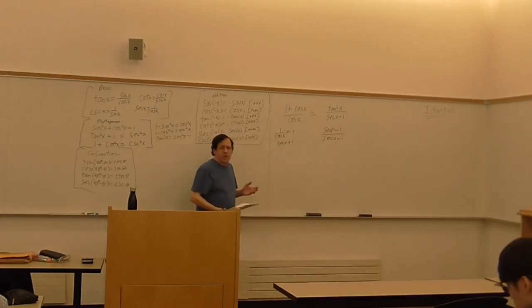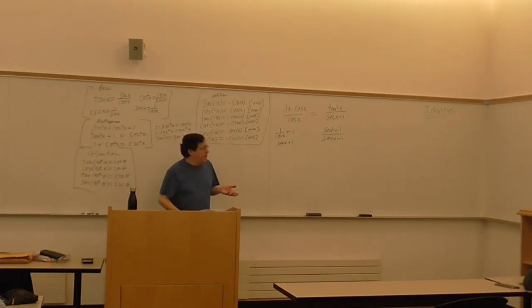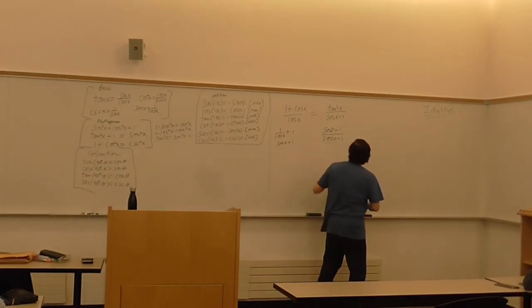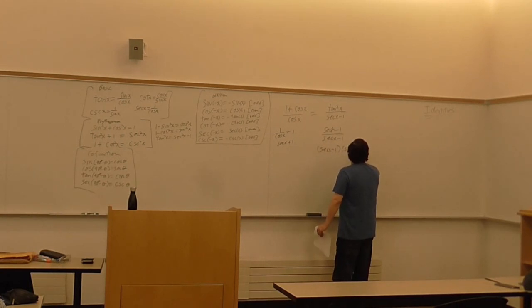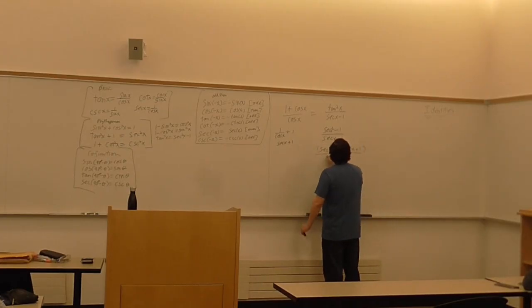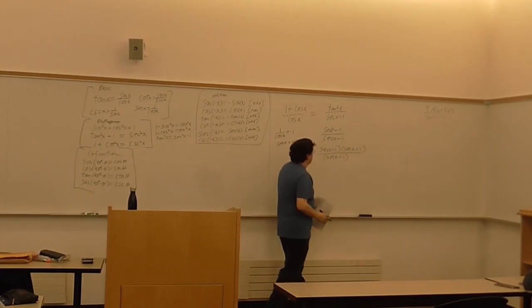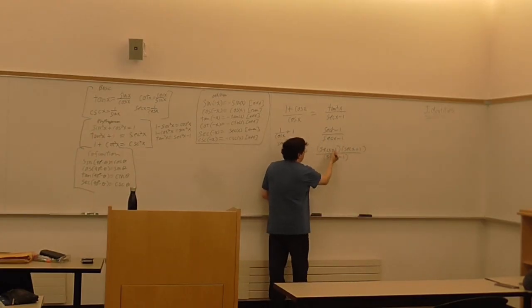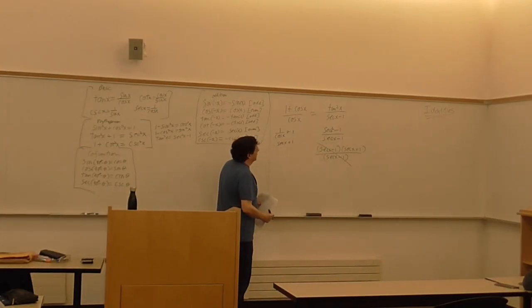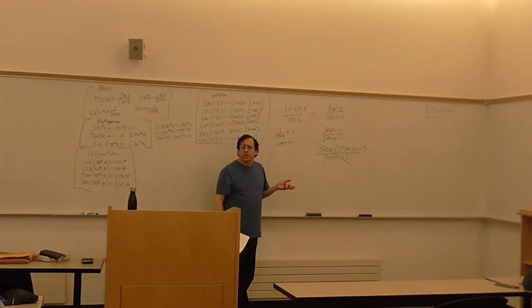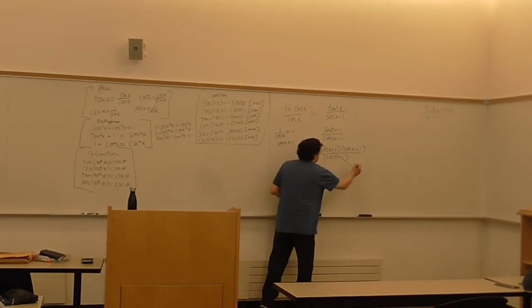All right, that already tells me I'm on the right track. Because I know I can factor this, right? Secant x plus 1 times secant x minus 1. And so my secant of x minus 1 is going to drop out. Ah, look at that. I've made the connection here. Because now these two are equal, right?